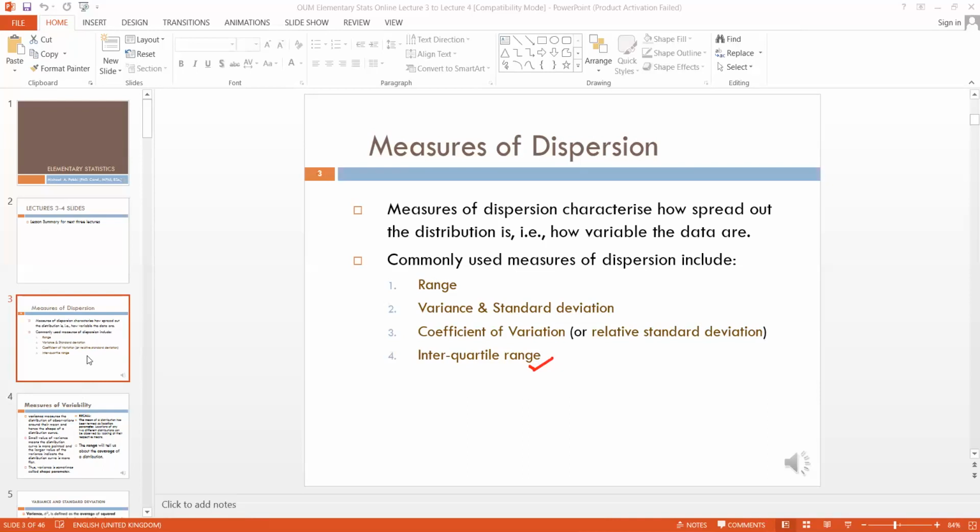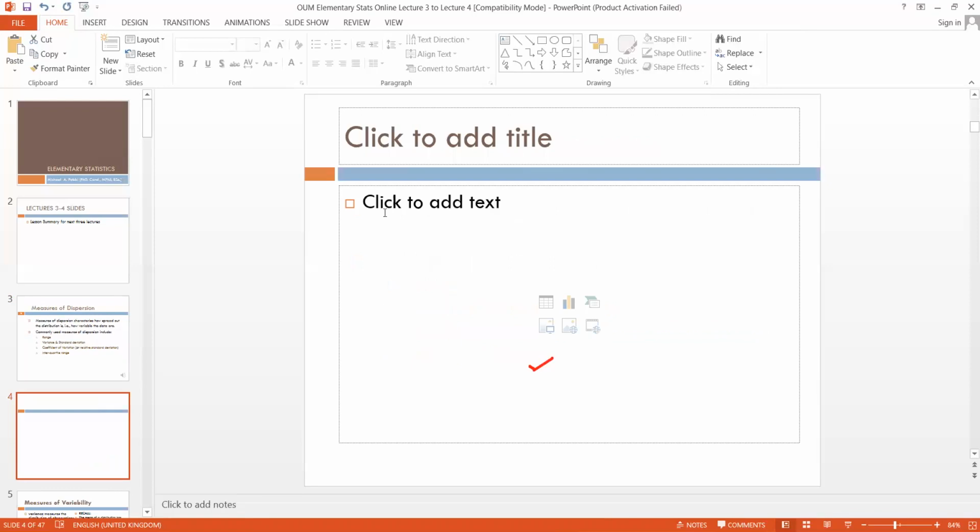Now the interquartile range, usually written as IQR, is just the difference between the third quartile we calculated during the last tutorial minus the first quartile.